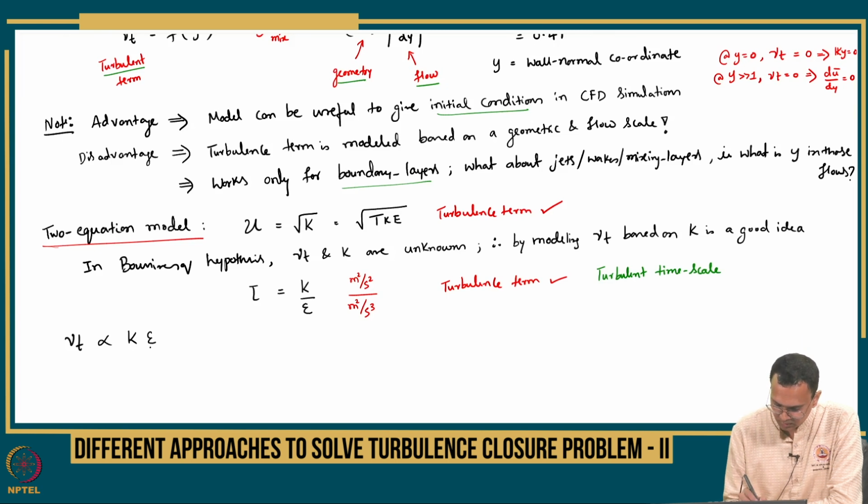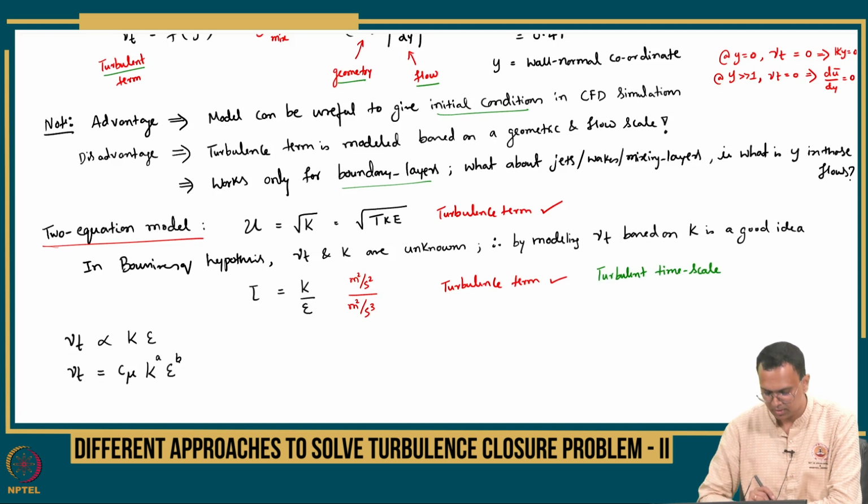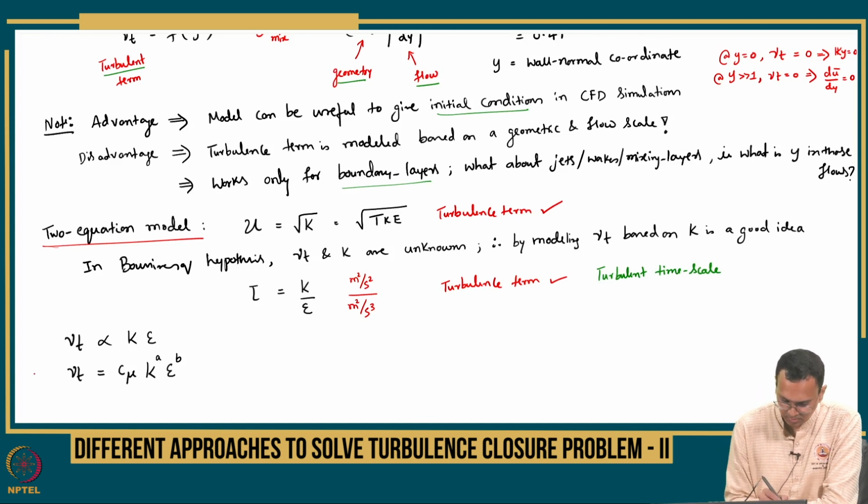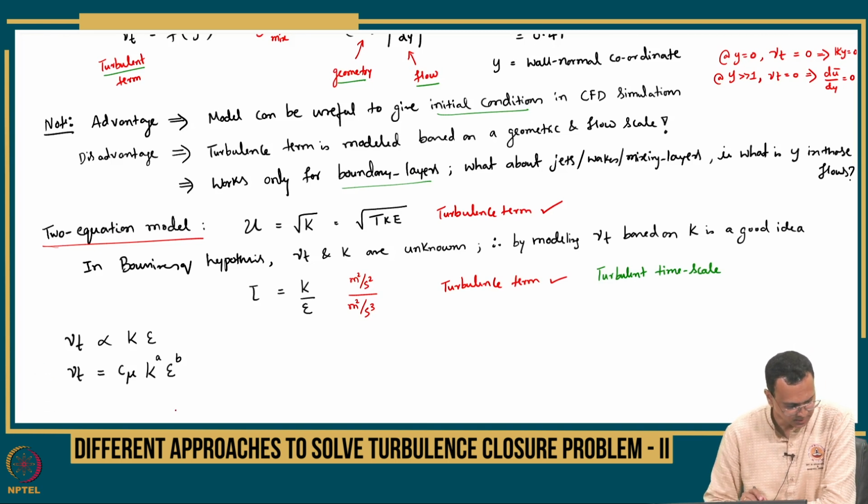So, now nu-t is equal to a model constant times some combination of k and epsilon. I will tell you what this C mu becomes later. Let us take C mu k epsilon, but we need dimensions to be exact, correct. Nu-t has to be meter square per second, and we want the other side to be the same as well.